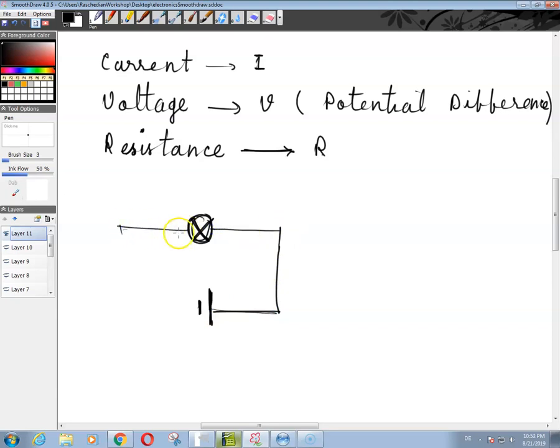These paths represent wires that you connect from your battery to the two poles of your lamp, and then your lamp starts glowing. So this is a battery and this is a lamp.